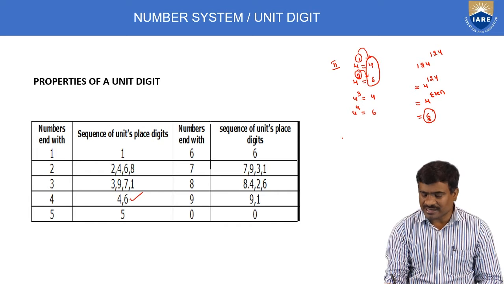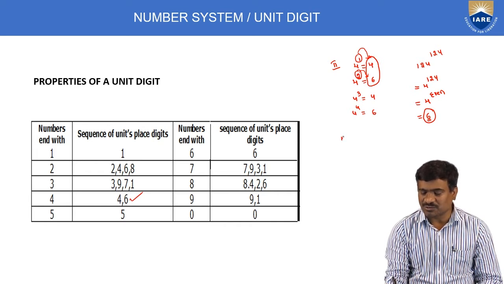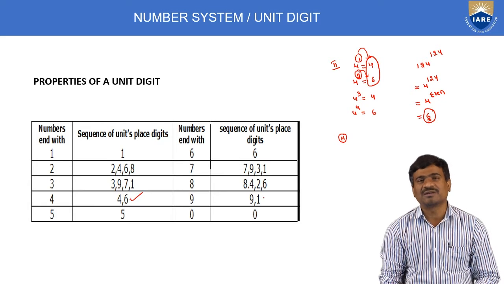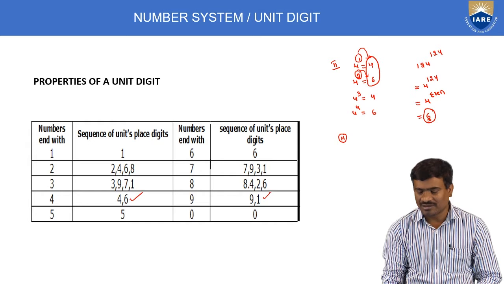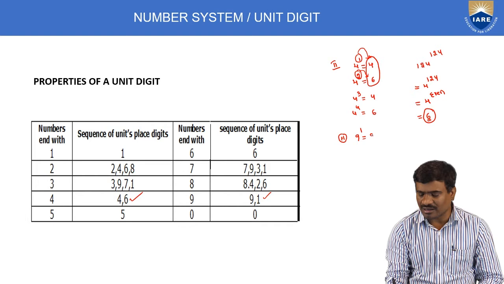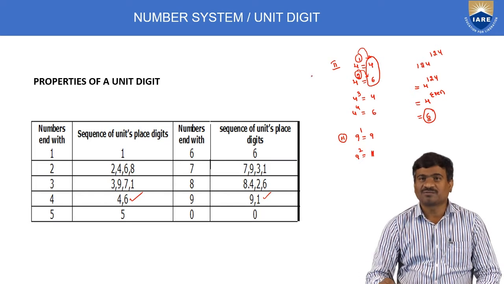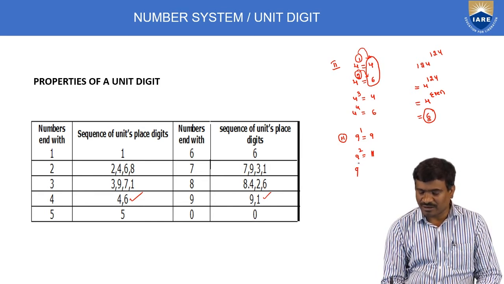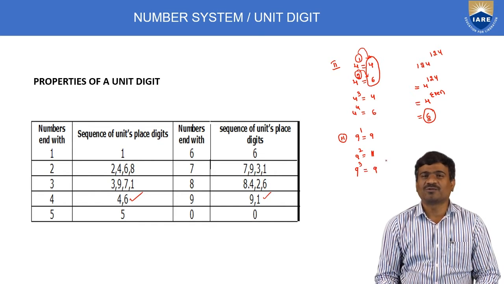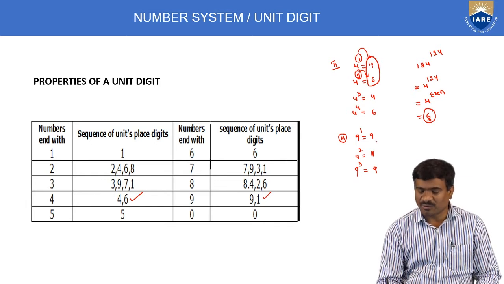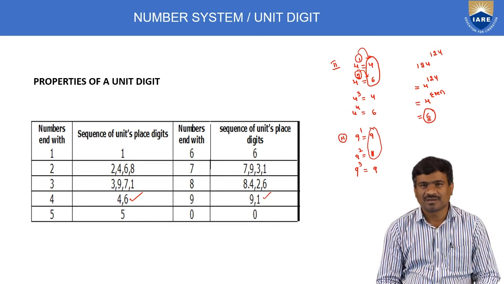Similarly, the second sub point in case 2 is 9. Here 4 and 9 follow the same condition, same property, same logic. 9 to the power of 1 is 9. 9 to the power of 2 is 81, unit digit 1. 9 to the power of 3 is 9. 9 to the power of 4 is 1. The 9 property is 9, 1, 9, 1, cyclically repeated.